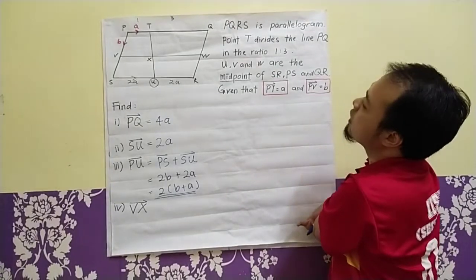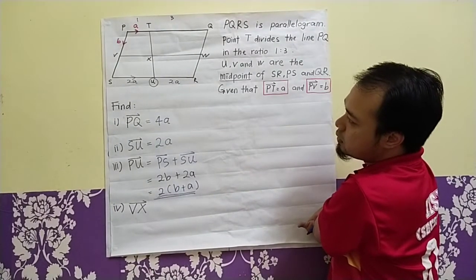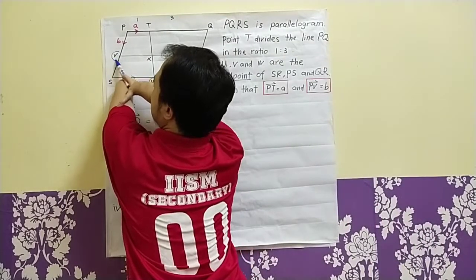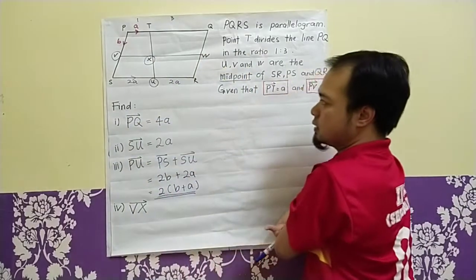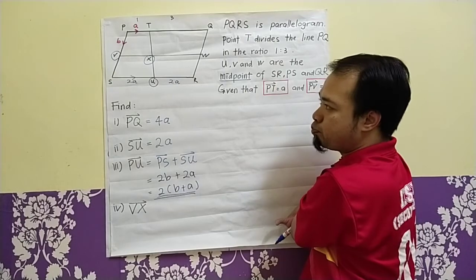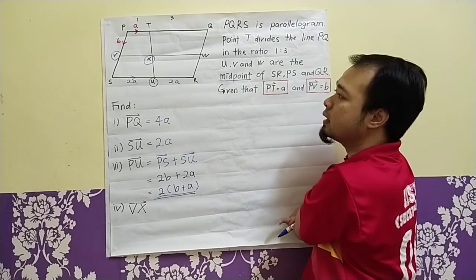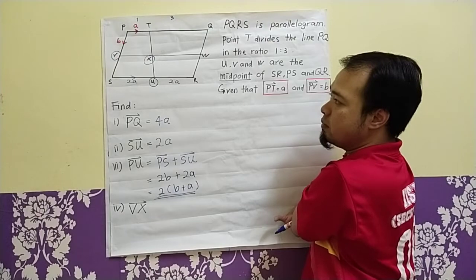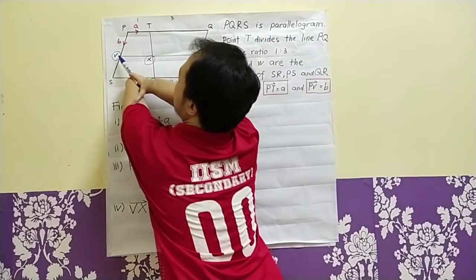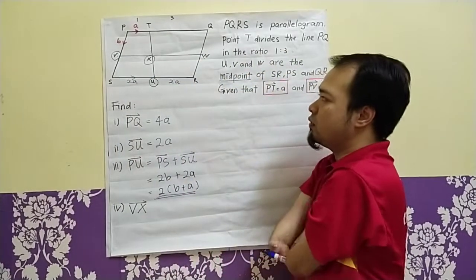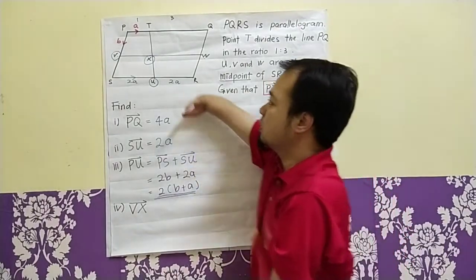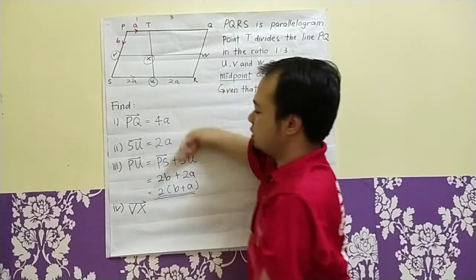Next, question number 4: VX. This is V, this is X. V is the midpoint of PS. Correct? Is X the midpoint of VW? Is X the midpoint of VW or not?